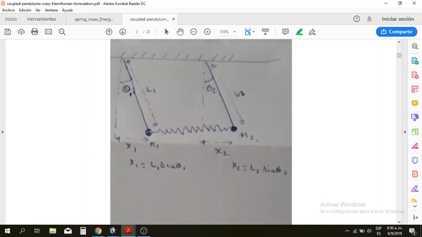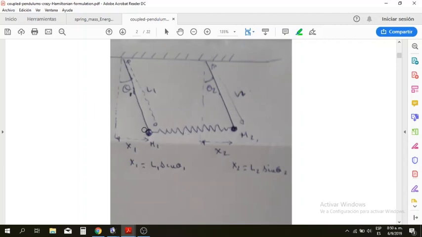There are two pendulums. The first pendulum has mass m1, length l1, and the vertical displacement is θ1. The second pendulum has length l2 and mass m2, and the vertical displacement will be θ2. Actually, l1 is equal to l2.